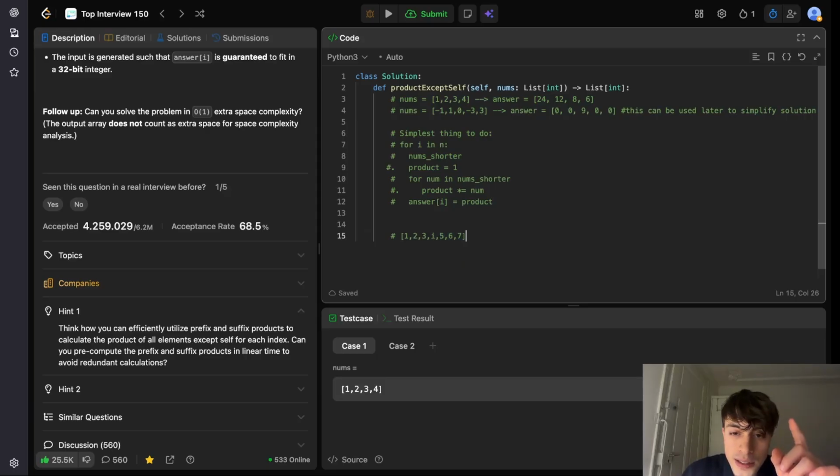But wait a second. What if we have something like, then I, 5, 6, 7. So for example, we are here, and then we go here. Well, in this case, the value that we should exclude from the product is I itself. So we can make use of it, maybe.